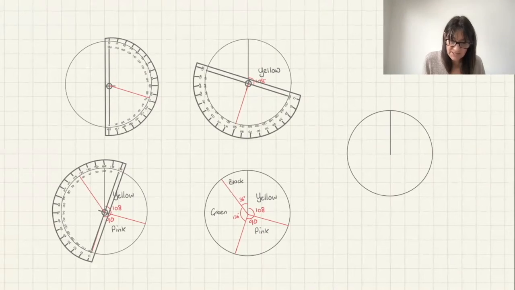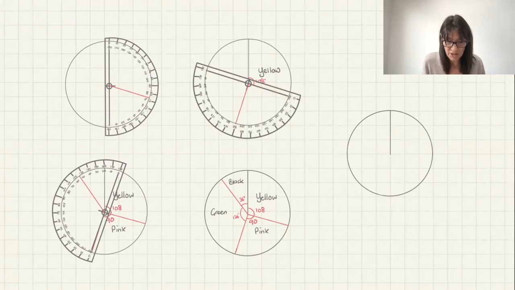And you can see from the second picture that I've labeled that section yellow. I've put in the degrees. I've done it as I go so that I don't get confused at the end which section belongs to which bit of the table. Now, this is really important. You will see that the protractor is now lined up on the new line that was drawn.